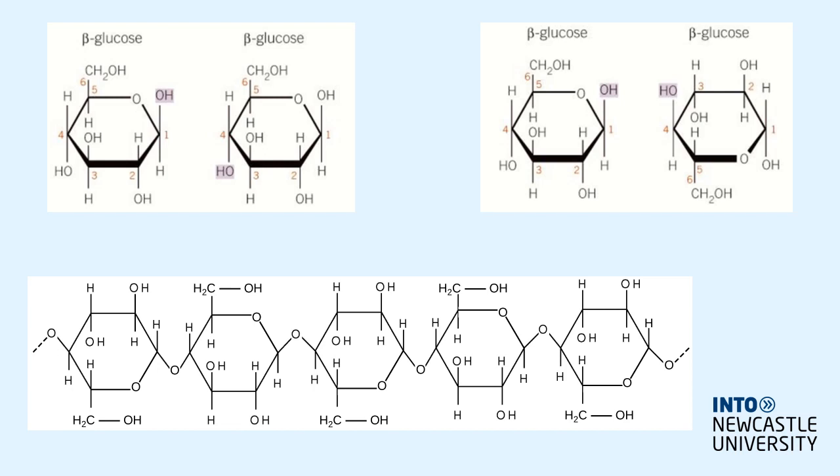We said that starch and glycogen become helical in their structure, and they are nice compact structures. Cellulose is different. Cellulose is going to be a straight structure, straight and strong.